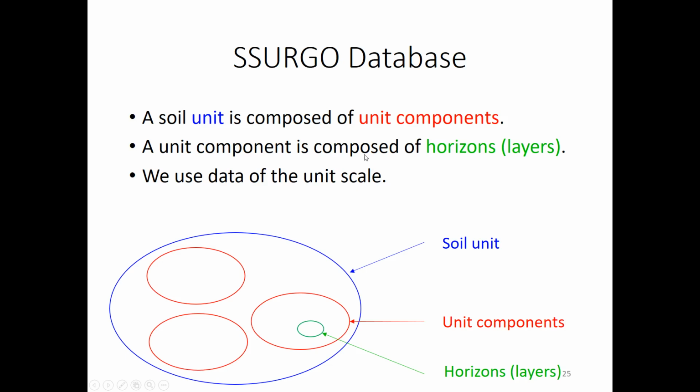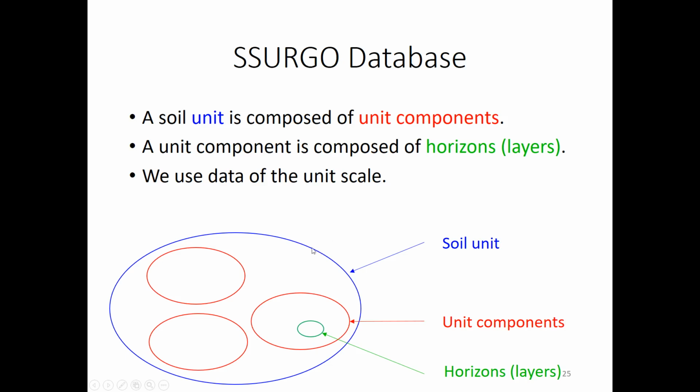So we have some important concepts that we feel are important to talk to you about. In the SSURGO database, data are organized for different levels, and SSURGO contains units, unit components, and horizons.